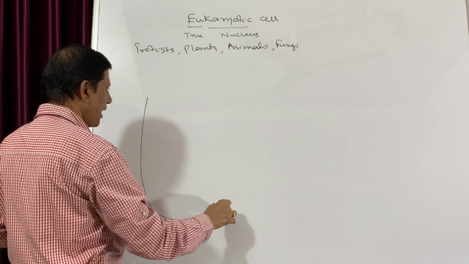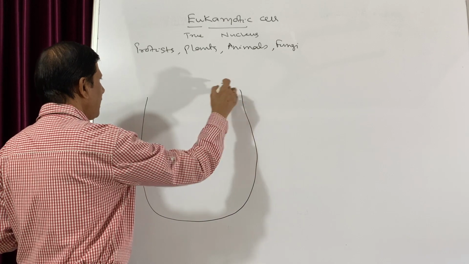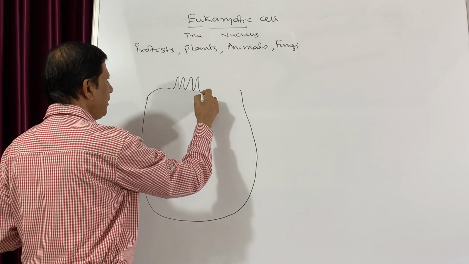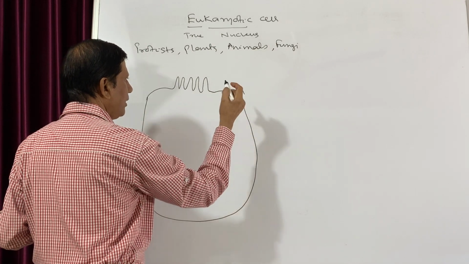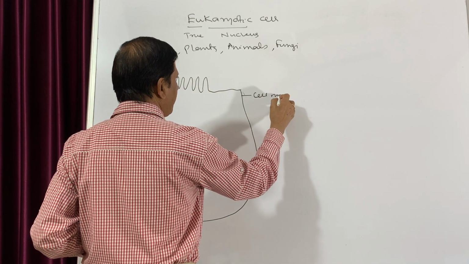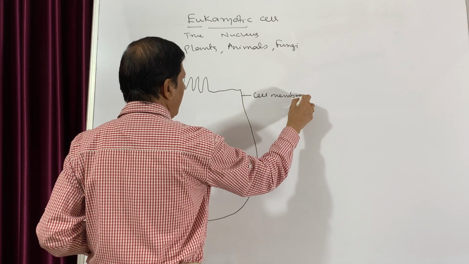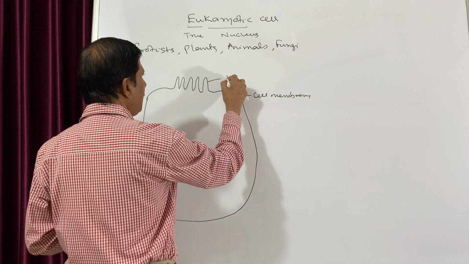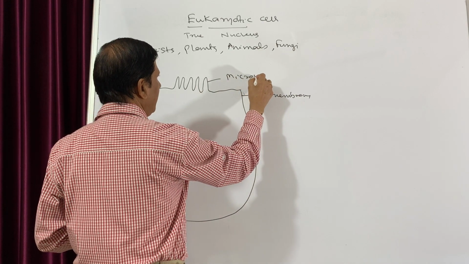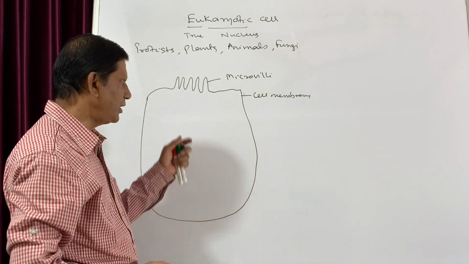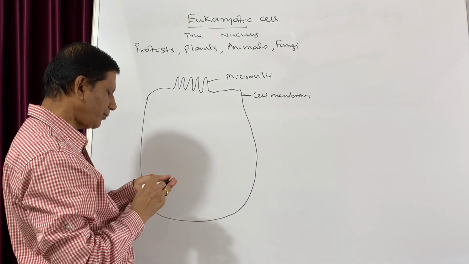In the animal cells, the outermost layer is surrounded by a membrane which is known as the cell membrane. It has some foldings known as microvilli, and they are meant to increase the surface area of the cell membrane.